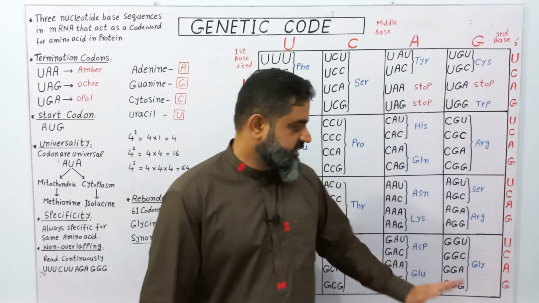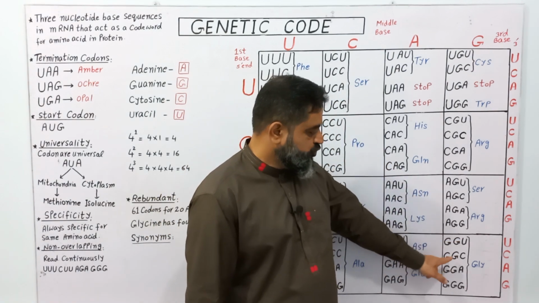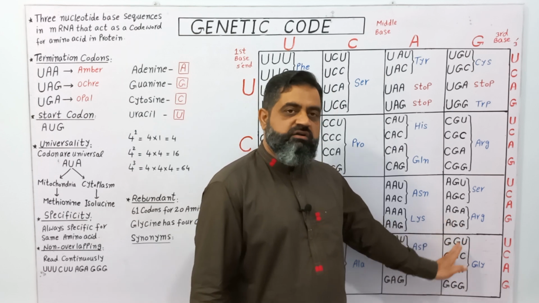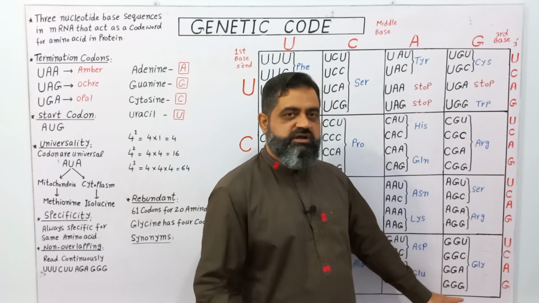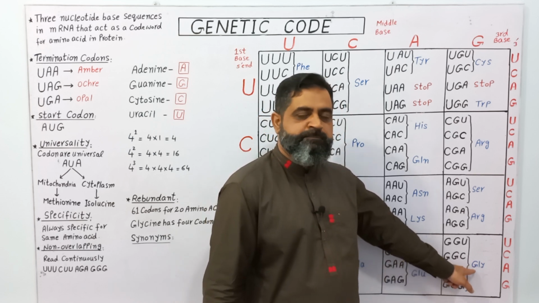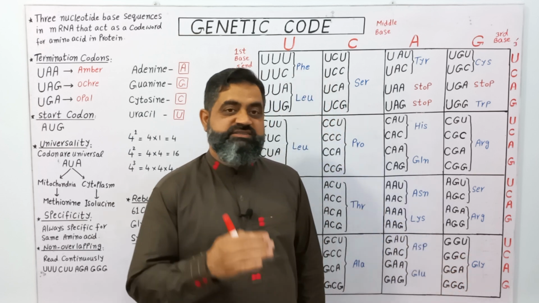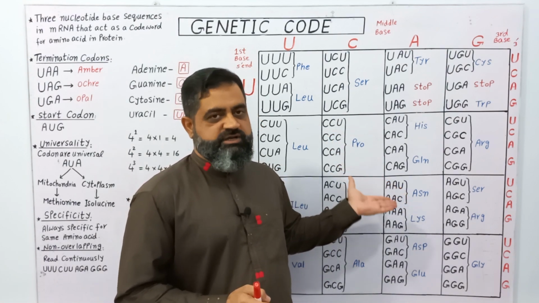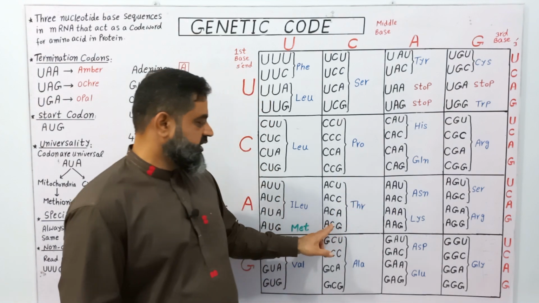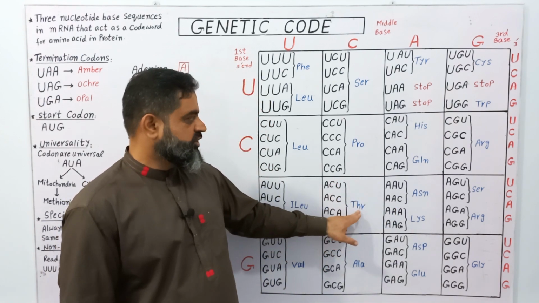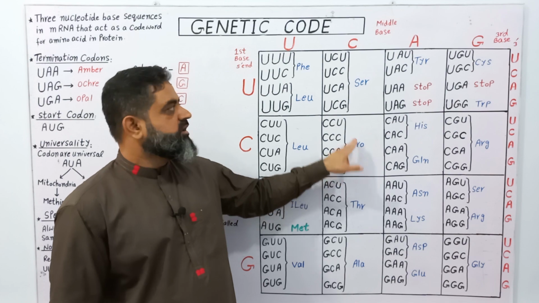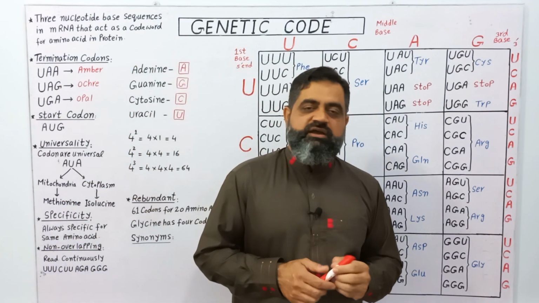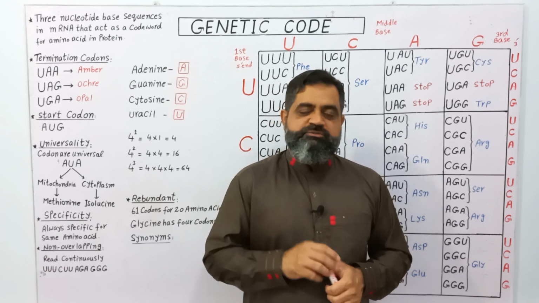If you look at this table, GGU, GGC, GGA, GGG all represent a single amino acid, which is glycine. So these codons are known as synonyms. There are different types of synonyms present in this table. You can see right over here, these codons represent threonine, these codons represent proline, these codons represent serine. So these are known as synonyms.